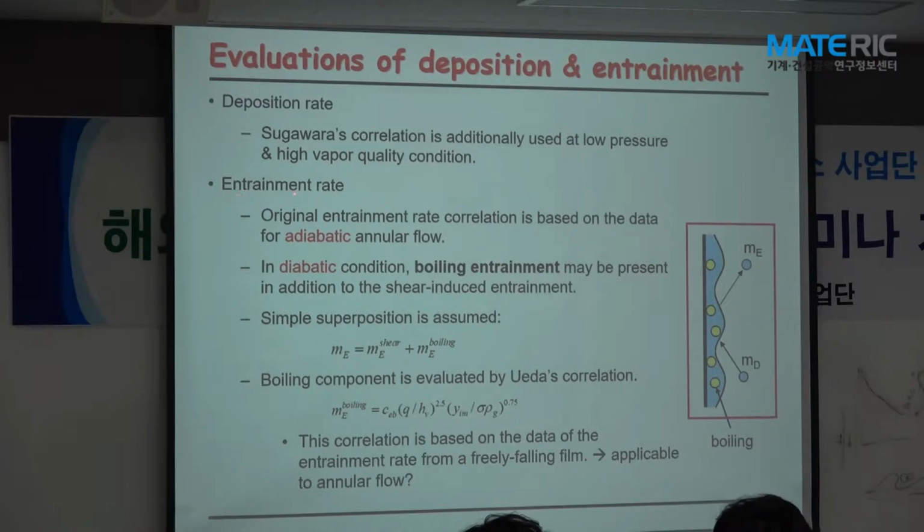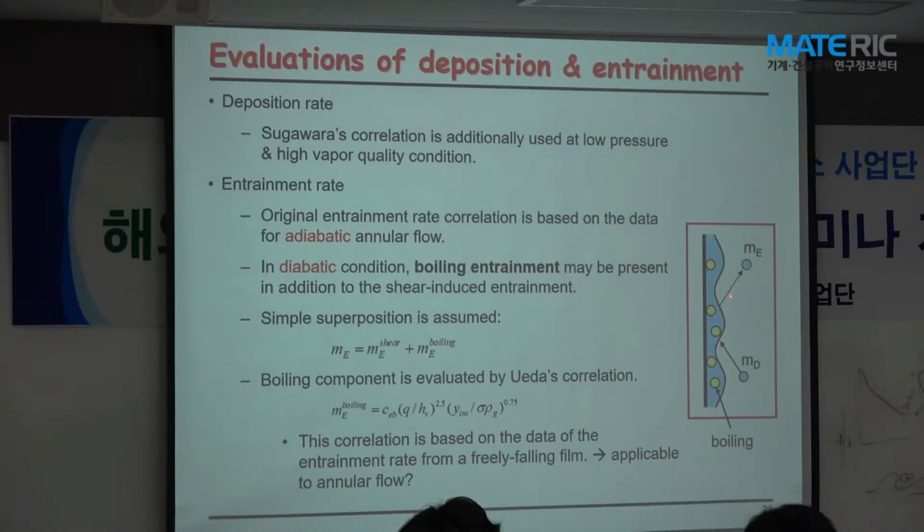And as for the entrainment rate, my model was developed by using the entrainment rate data based on the adiabatic annular flow data. But in the case of boiling two-phase flow, there is a possibility.